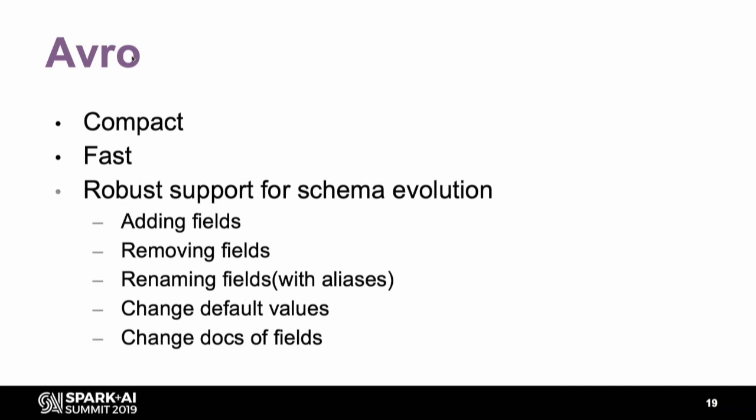Avro features robust support for schema evolution by managing adding fields, missing fields, and fields that have changed their properties. With Avro's capacity to manage schema evolution, it's possible to update components independently with low risk of incompatibility.